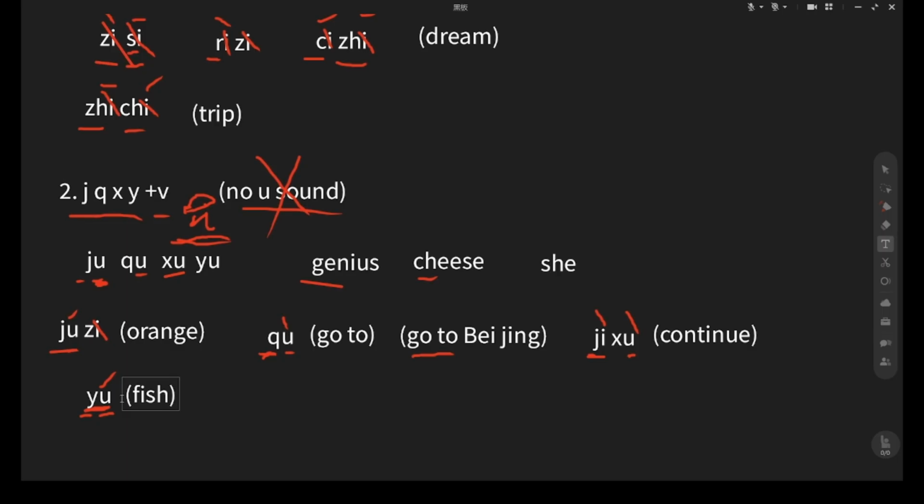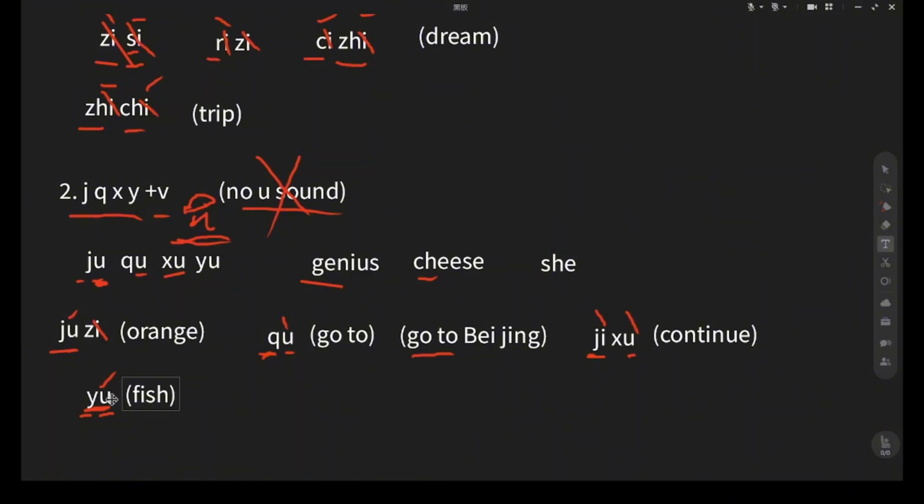If you like it, when you are in a restaurant in China, you can say, I want 鱼. If you don't like it, you can say no 鱼, okay? So this is 鱼, fish.